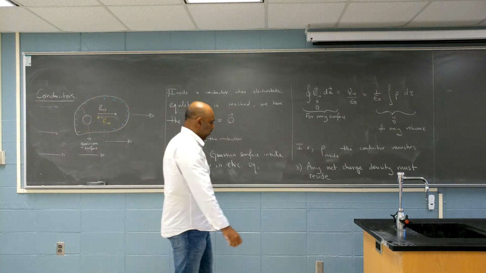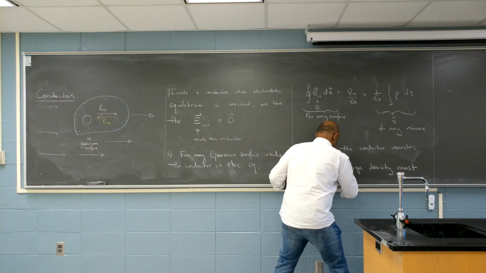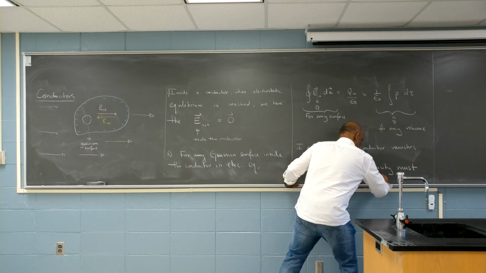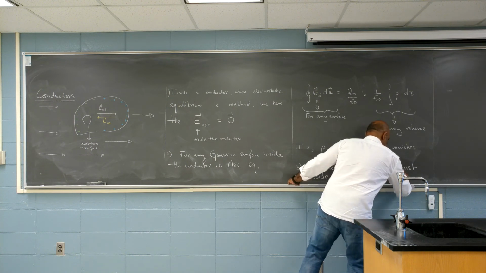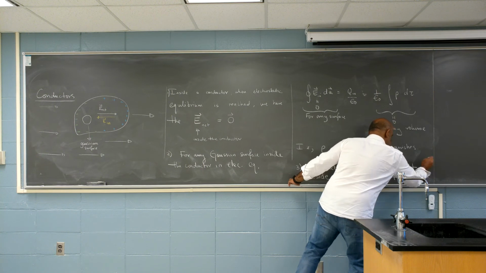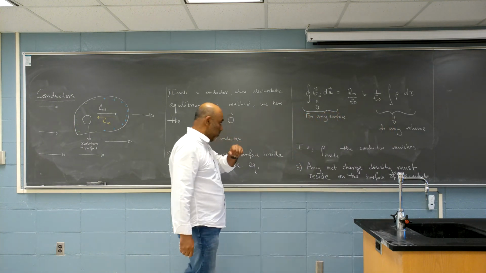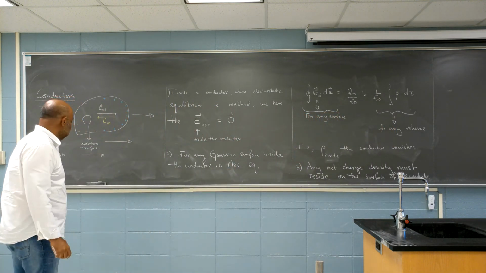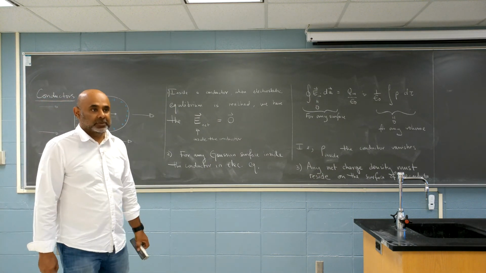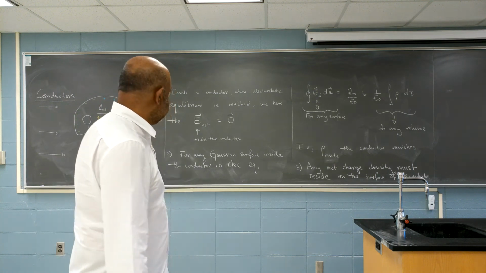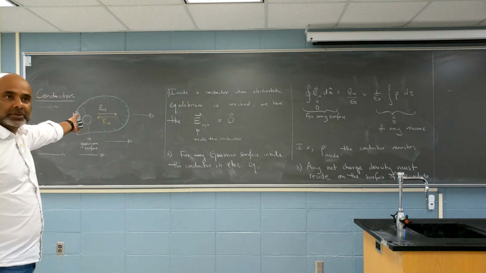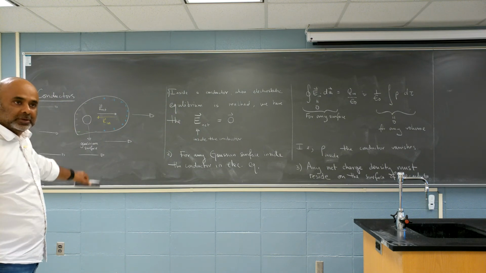Very good. Now I can tell you what's the electric field on the surface of the conductor, by the way. Yeah? It's quite clear what happens. Charges must reside on the surface of the conductor.